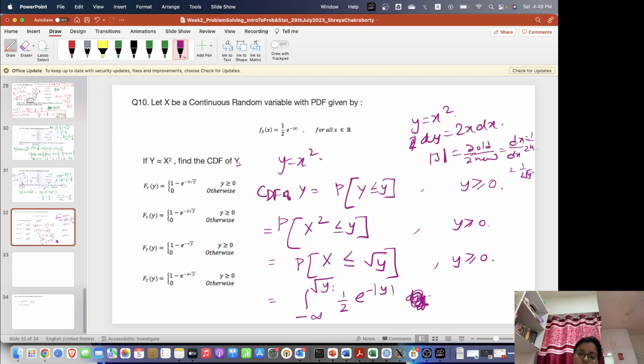Minus infinity to root y, half into dx by dy. Dx by dy will be 1 by 2 root y. Or 2 root y, what will it be? Alright.